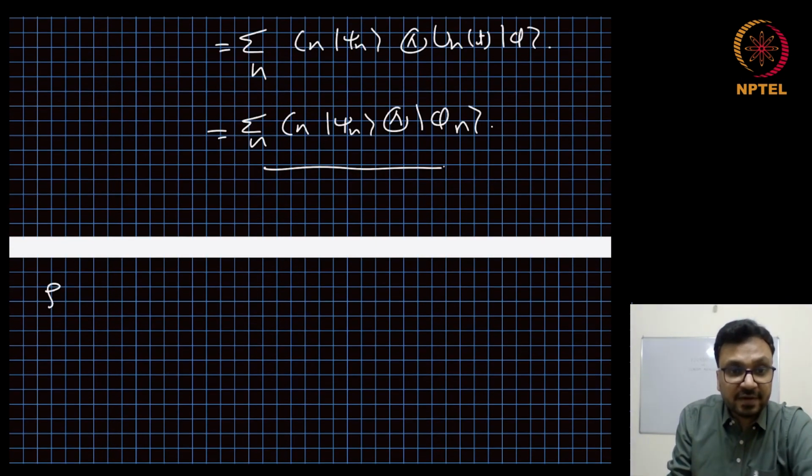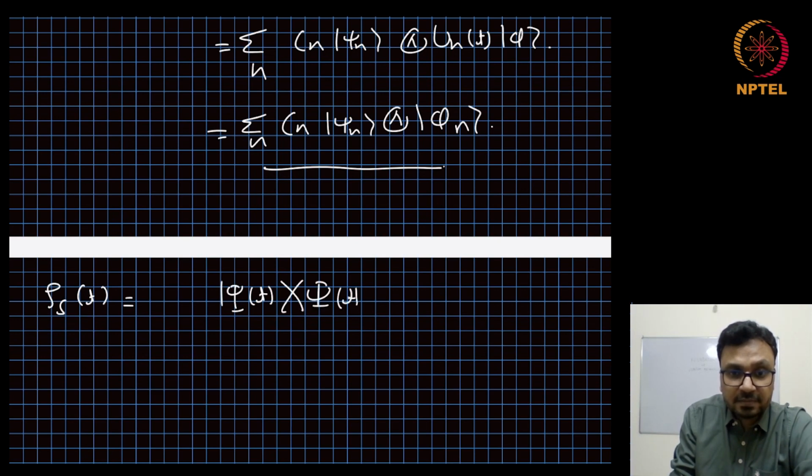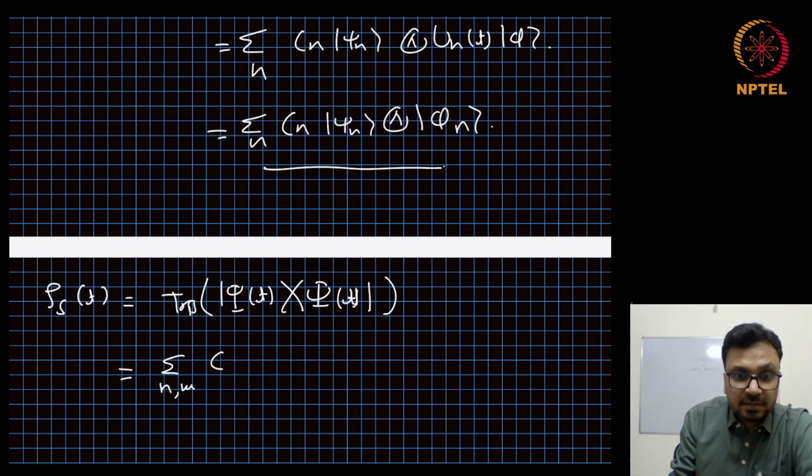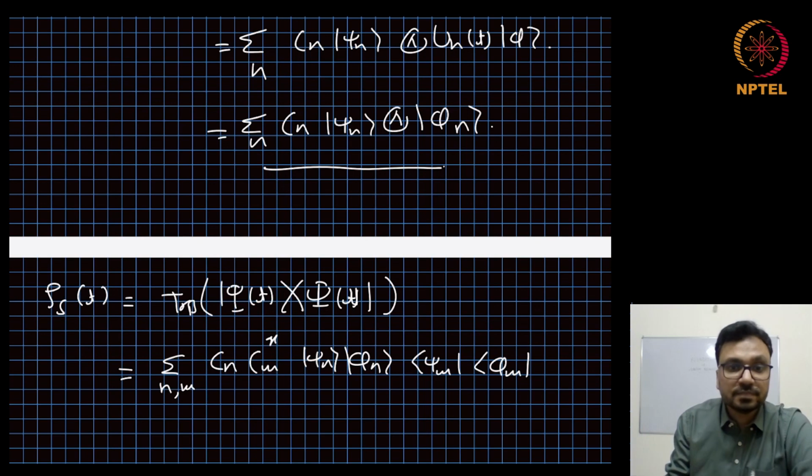From here, if you find the state of the system at time t, that will be |Ψ(t)><Ψ(t)| and trace over the bath. And that will be sum over n, m, Cn Cm star, ψn φn, ψm φm, and trace over the bath.